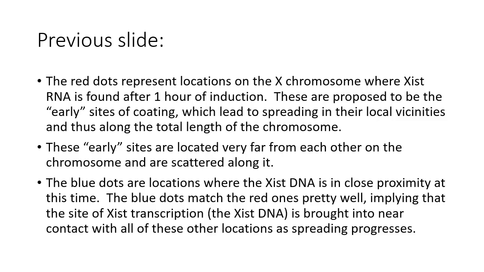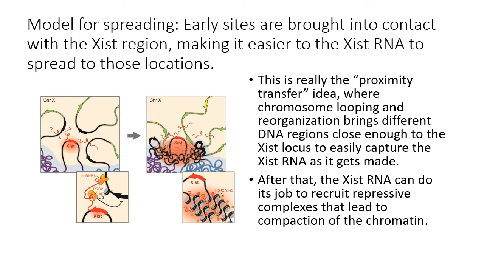Okay, this is what I just said. So the blue dots are where the Xist DNA is in close proximity, and they match the red ones pretty well, implying that the site of Xist transcription is brought near enough to those other locations that the Xist could be delivered to those locations, despite the fact that they're actually far away on the same chromosome. Amazing.